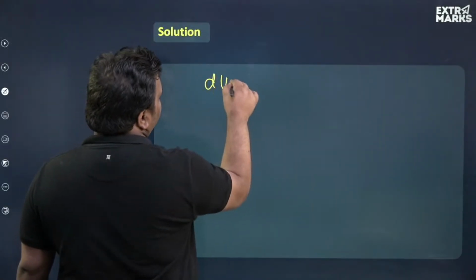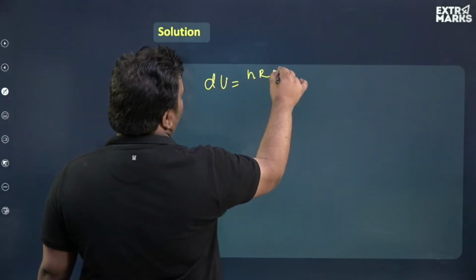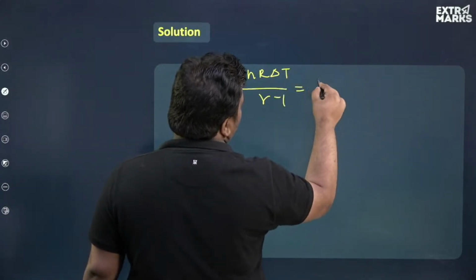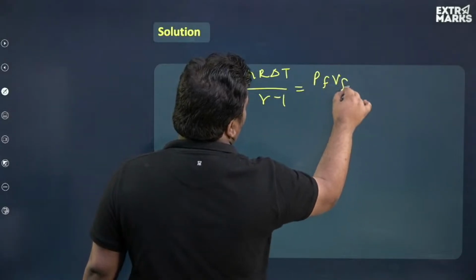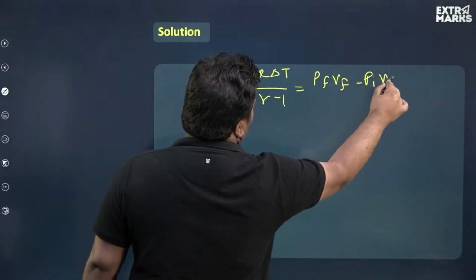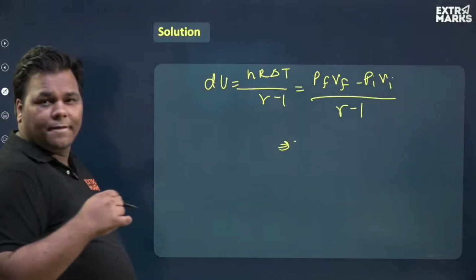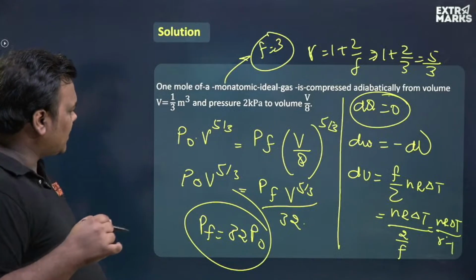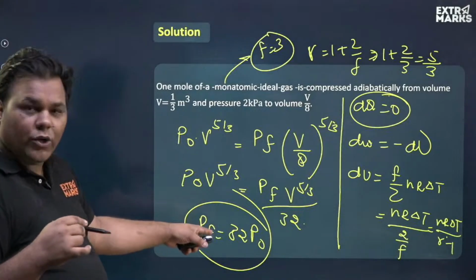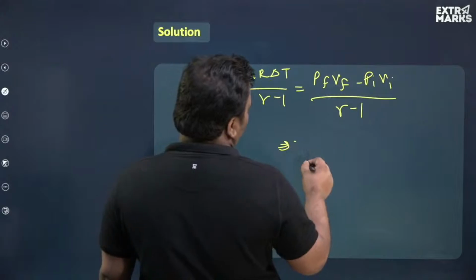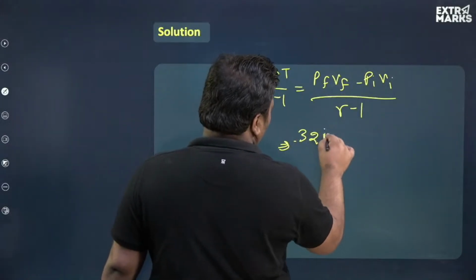Next formula is dU is equal to nR delta T upon gamma minus 1. That means P final V final minus P initial V initial upon gamma minus 1. What is P final? P final is 32 P naught.